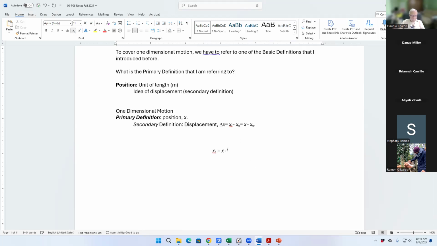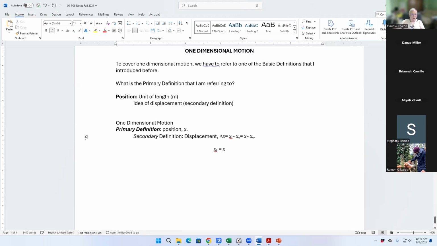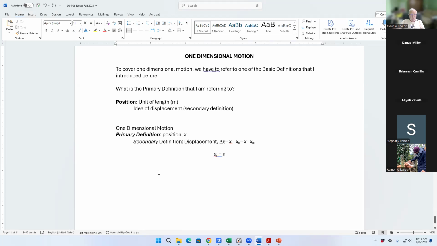To simplify the notation, it's very important that we simplify without losing important pieces of information. And that's what I did here. I didn't lose any important information because there is only one parameter that is denoted by the letter x. Okay?